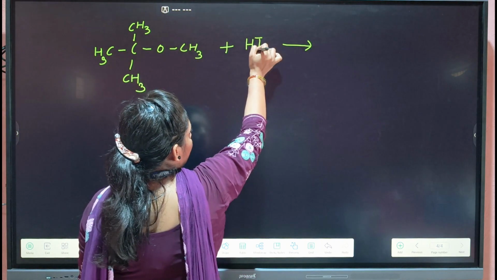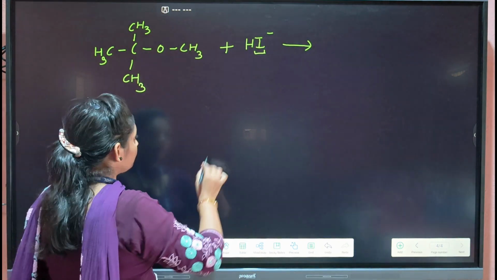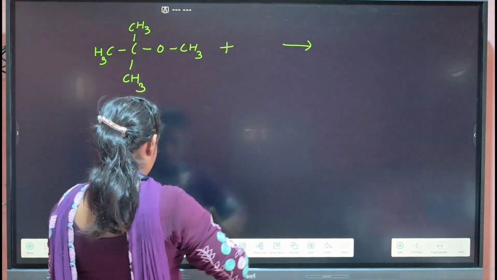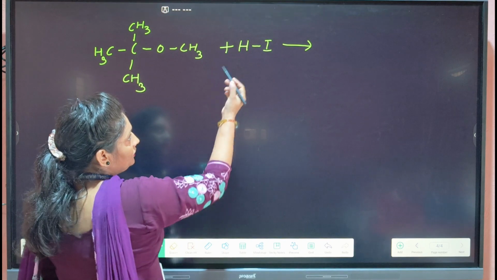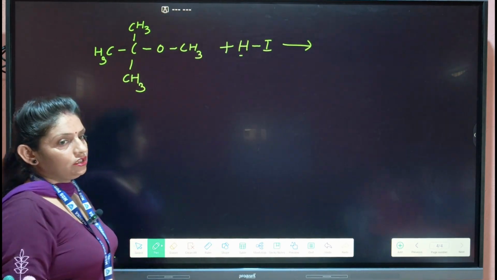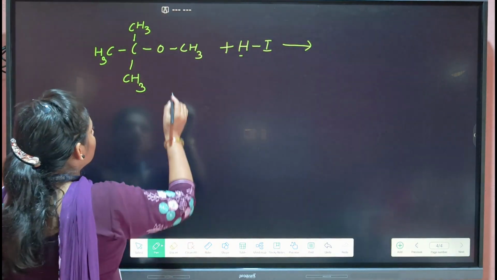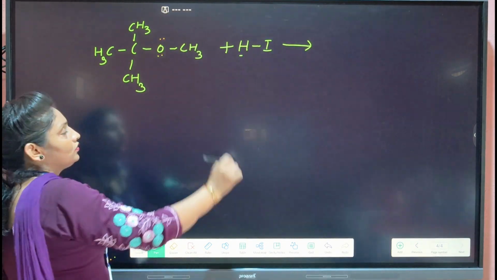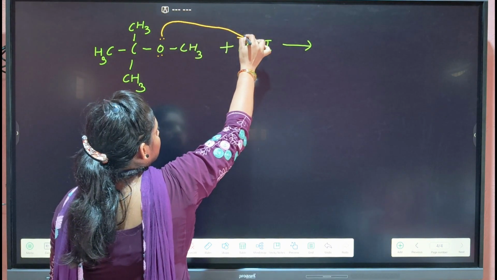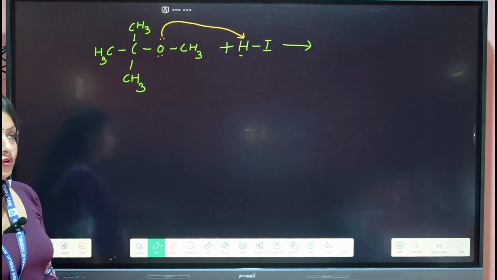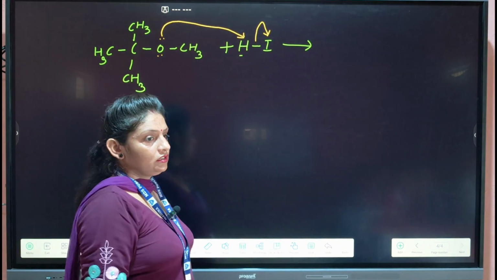Here this iodine is more negative, so negative charge will attain on this, and positive charge will attain on this. So who will support this hydrogen? Further, in the same way, it will support this one. Then it gets removed from here.